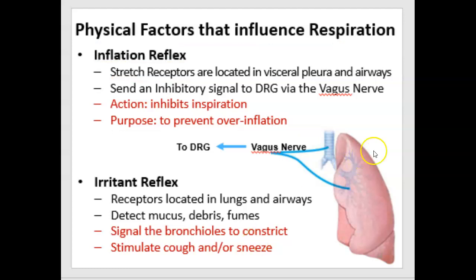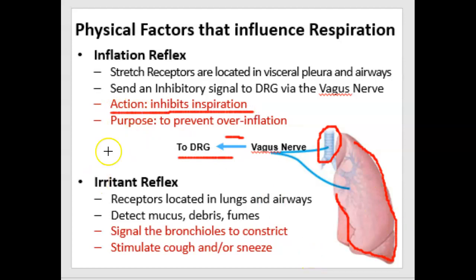So there are stretch receptors located in the airways, as well as the pleura surrounding the lungs. And if they are stimulated by being stretched too much, they send an inhibitory signal to the dorsal respiratory group. And the function, of course, would be to inhibit respiration in order to prevent overinflation.